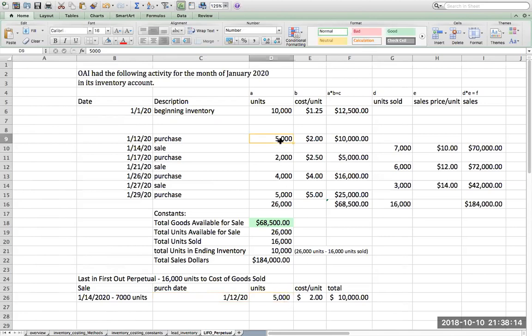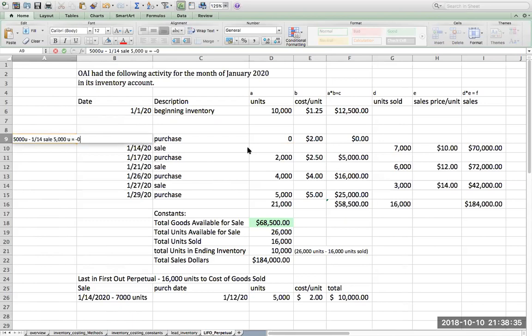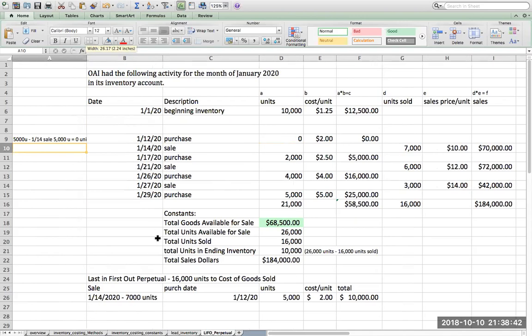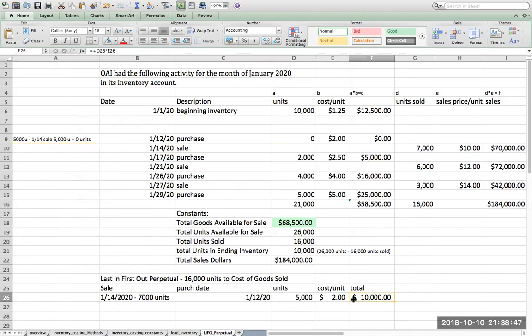So I'm marking this as 0. I had 5,000 units on 1/12, and on 1/14, sale 5,000 units equals 0 units. So I've expensed 5,000 units to cost of goods sold, a total of $10,000.